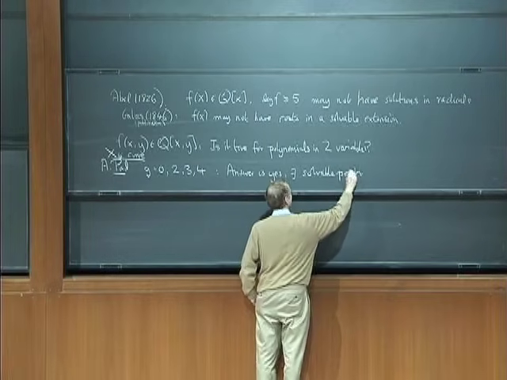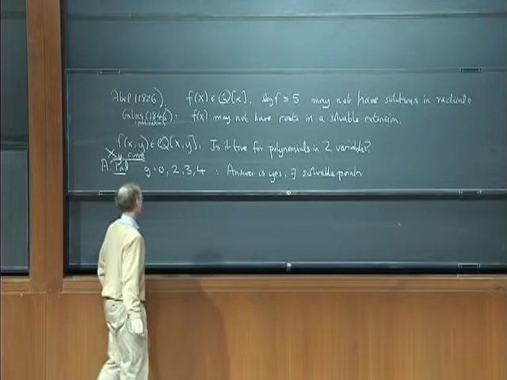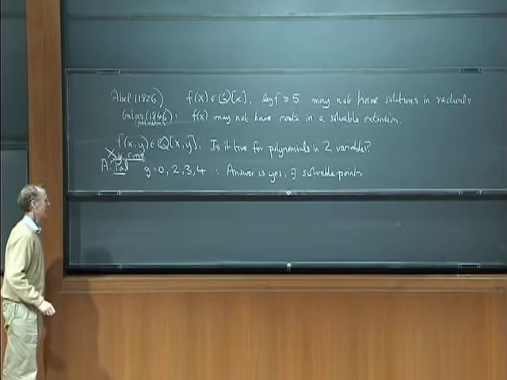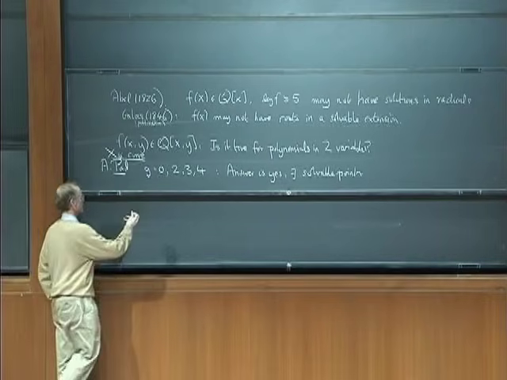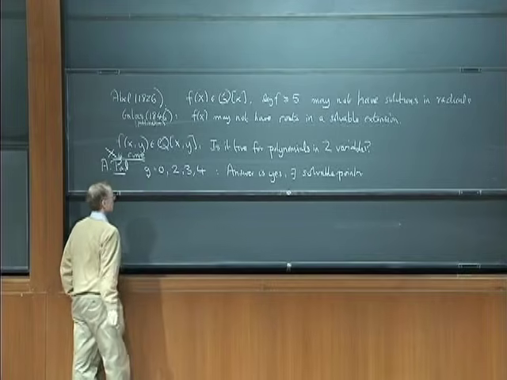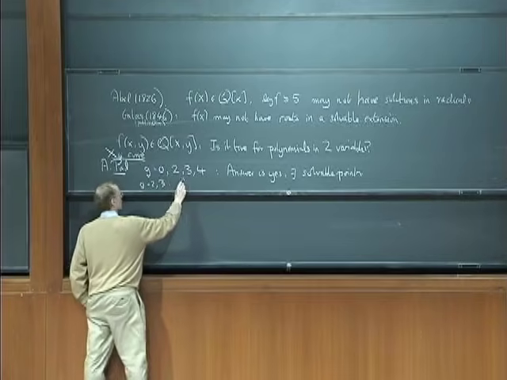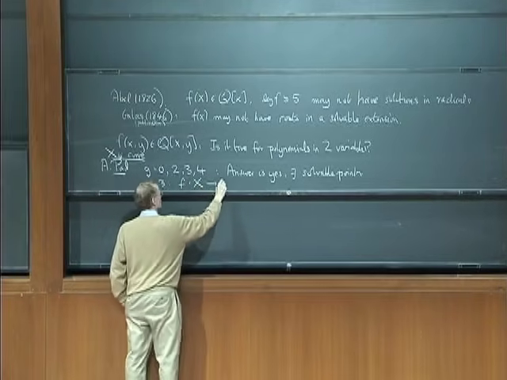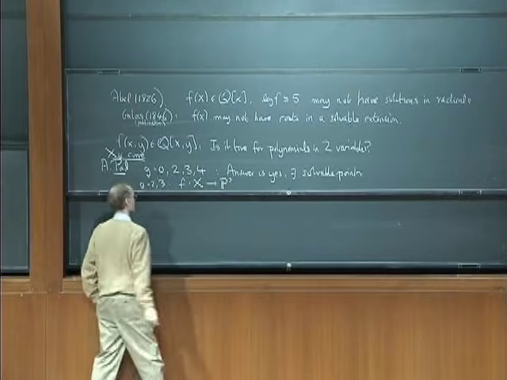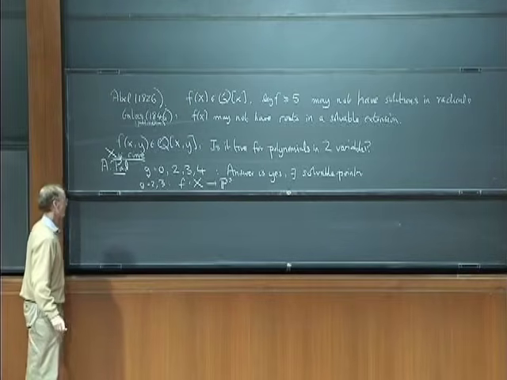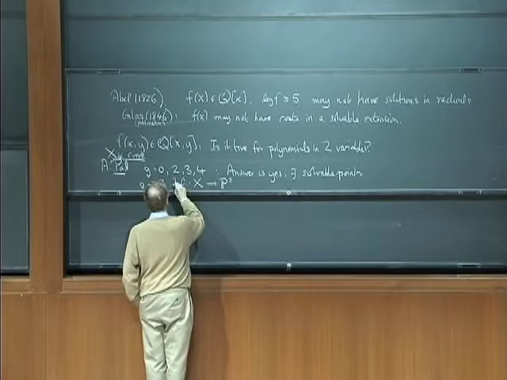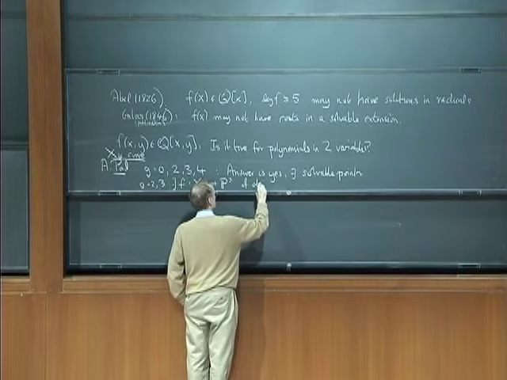Well, for genus 0, of course, it's classical. For genus 2 and 3, it's easy to see you can find a map to P1 over the rationals of degree less than or equal to 4.